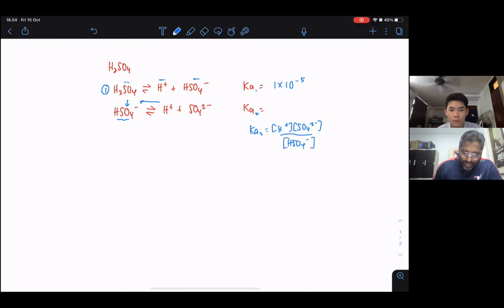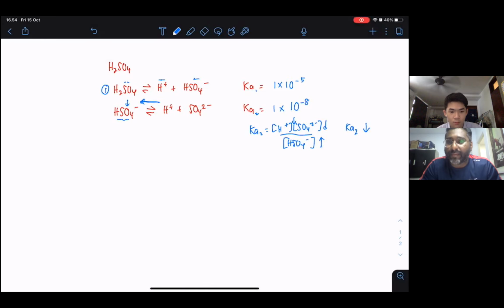If it is going to the left, it means this is more and this is less. So we can say the Ka2 is going to become less than Ka1. Maybe I'll just say 10 negative 8, for example.